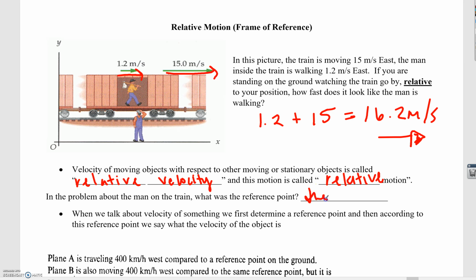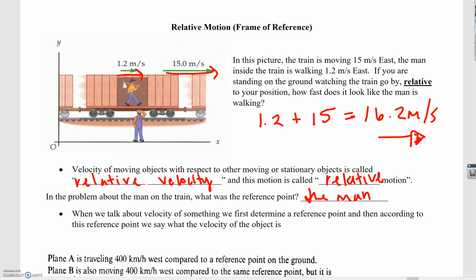The man was the reference point, because in the question we want to know, from the relative position of the man, how it appears that the man in the train is walking. When we talk about velocity, we first determine a reference point, and then according to the reference point, we say the velocity of the object.